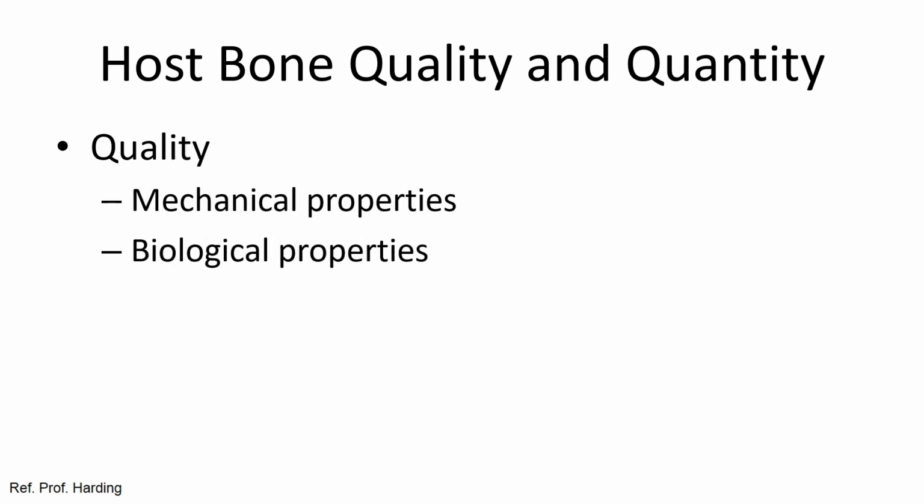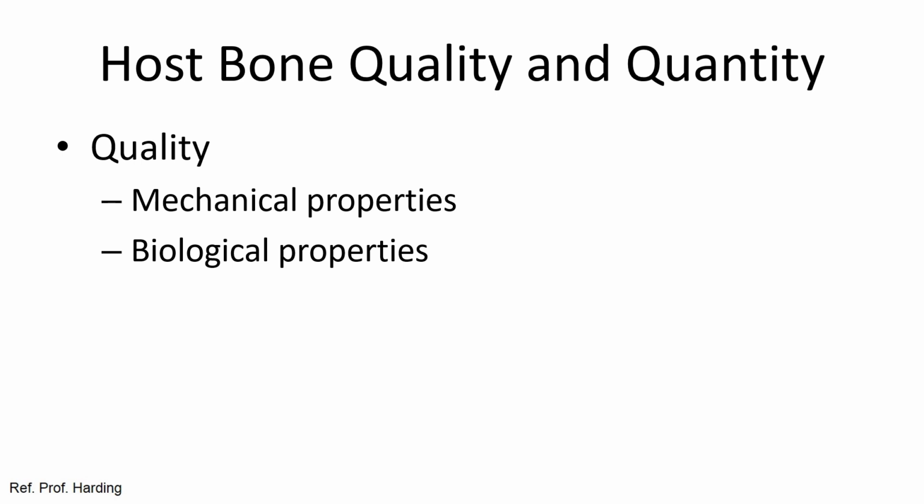When we look at the quality of bone, often in implant dentistry, we look at it in terms of mechanical properties. That is, how able is the bone to provide good mechanical primary fixation of our implants. This feature of bone is very important when one is considering any form of immediate loading.